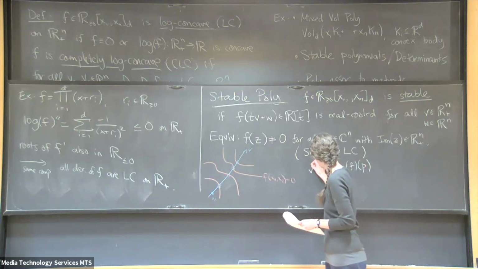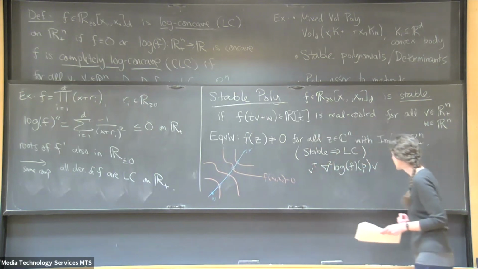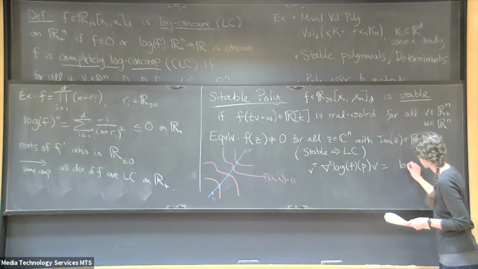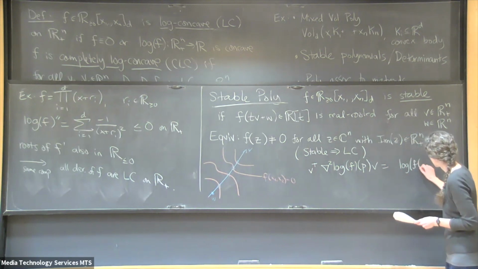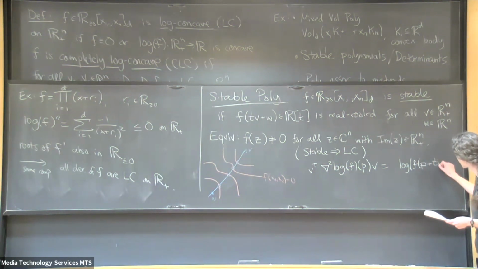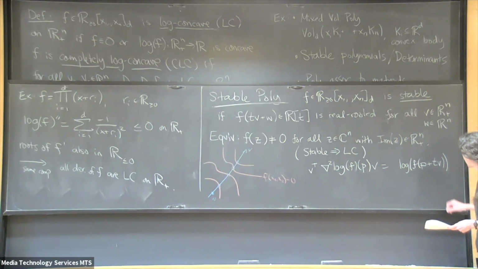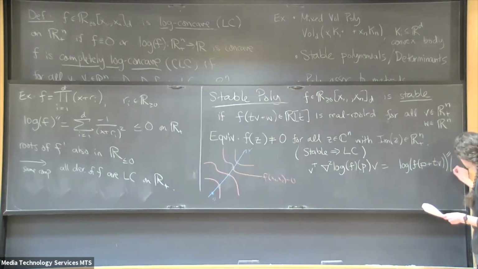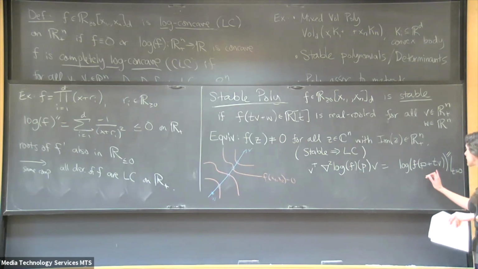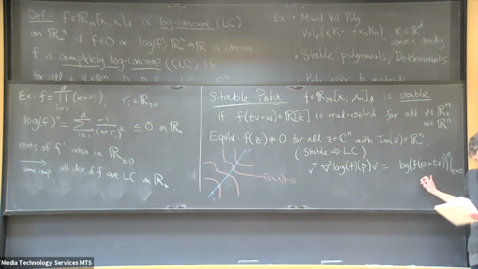So if I evaluate on some vector v, then what is this doing? This is the same as first restricting to the line, starting at t and going in direction v, and then taking 2 derivatives and evaluating it at t equals 0. This is really a univariate thing.